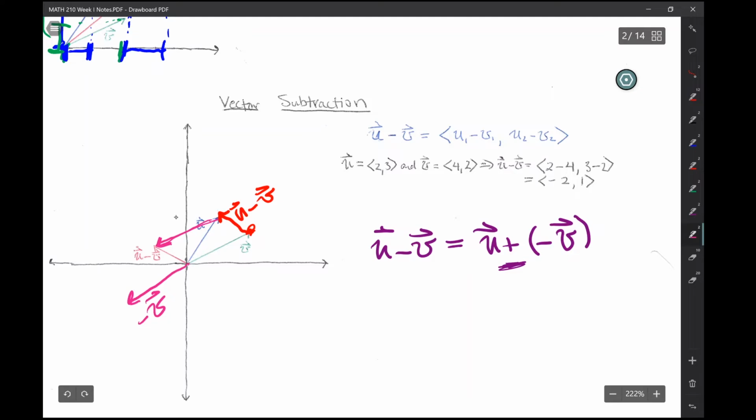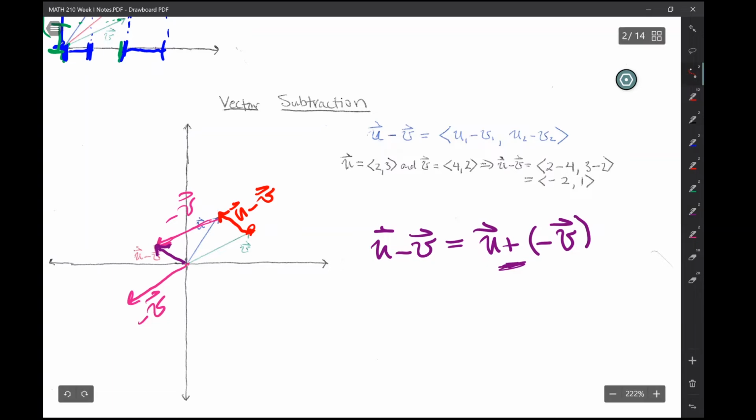So this is taking the tail of minus v and attaching it to the end of u. And notice what we get once we start at the tail of u and go to the end of minus v, as we do when we add vectors. We're going to get this guy over here. Okay? Well, that's just u minus v.